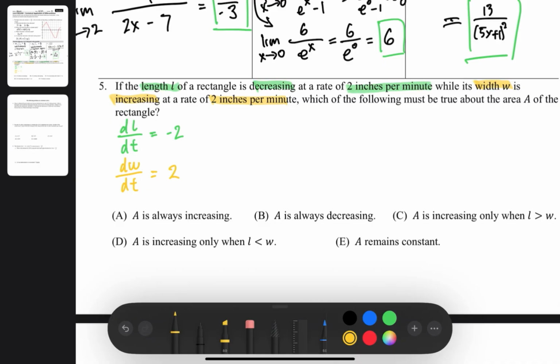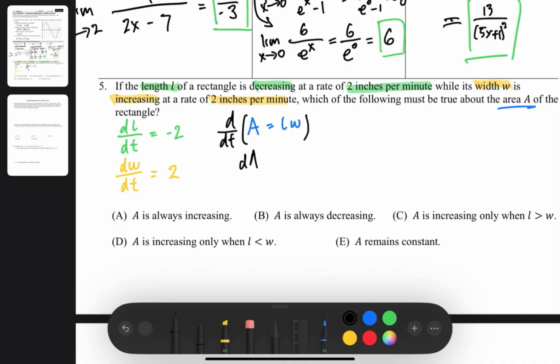And we want to know what's true about the area of the rectangle. So the equation for area is A equals L times W, where A is our area, L is our length, and W is our width. Then we're going to take the derivative of this.